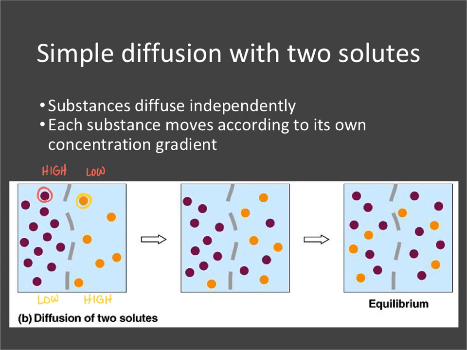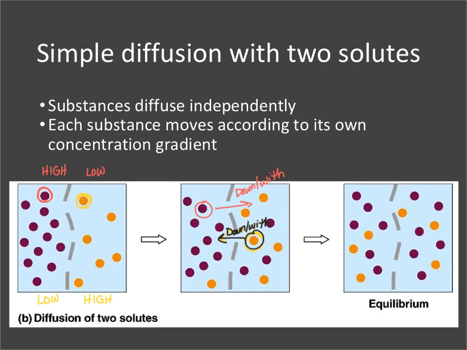And so what we see happening over time is that the red substance is going to diffuse down, or with, its own concentration gradient. So it's going to go from the left to the right, whereas the yellow substance is going to diffuse down or with its own concentration gradient. So they're both diffusing by simple diffusion, but they're going down or with their own concentration gradients. Sorry, just make sure you can see that one there.